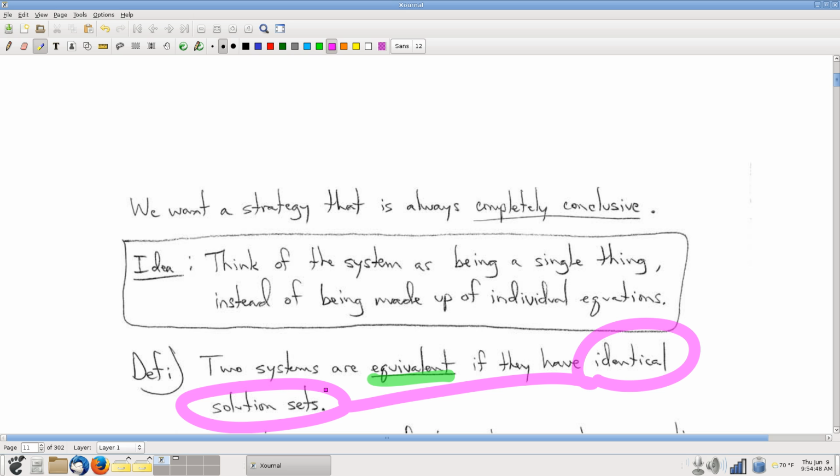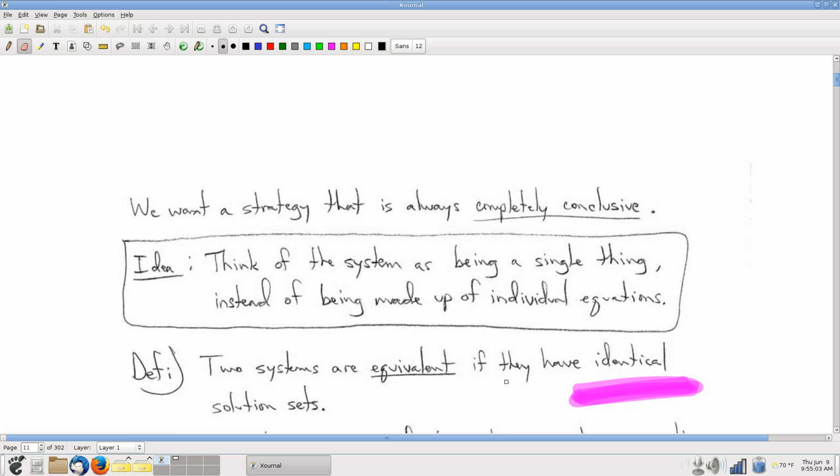That means that any solution to the first system must also be a solution to the second system, and any solution to the second system must also be a solution to the first system. So identical solution sets, not related, identical.